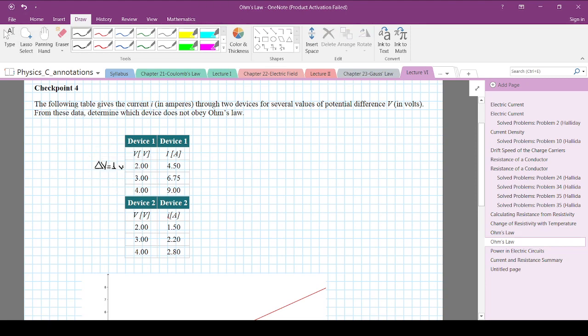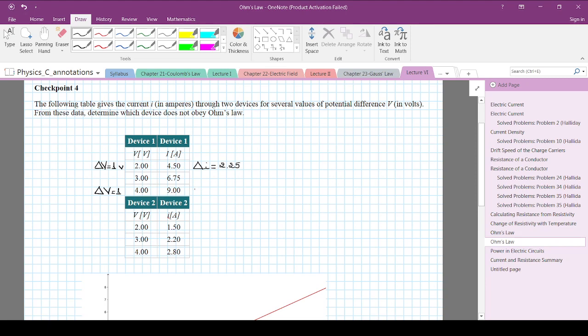For the next two values, again, this is going to be 1 volt. And here this difference is going to be 2.25.